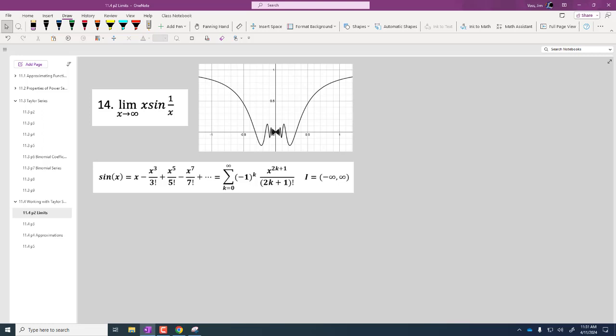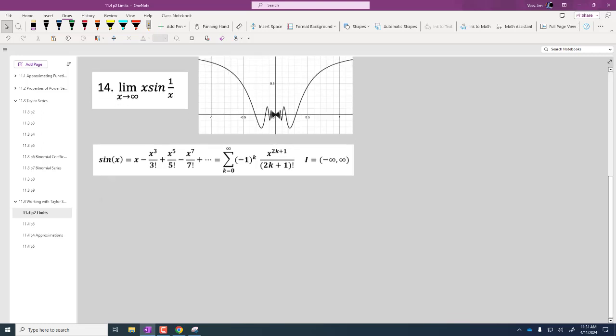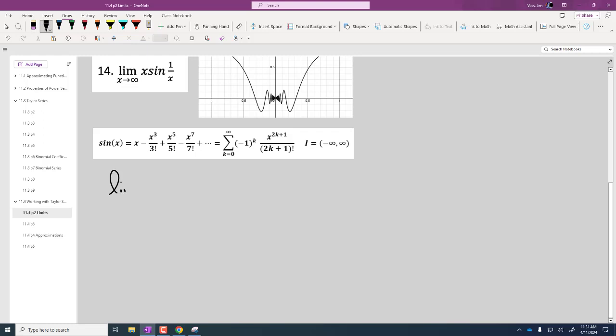Let's find out. So we can take the limit as x goes to infinity, x multiplied by sine of 1 over x. So we've got our power series for sine of x, the odd powers from e to the x with a sign switch. And what are we going to do?